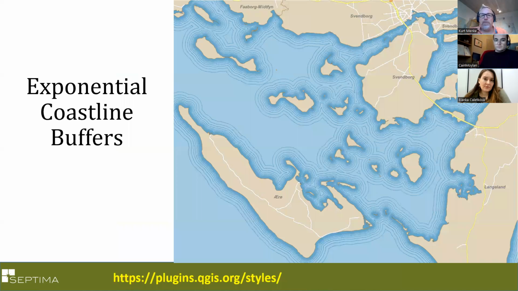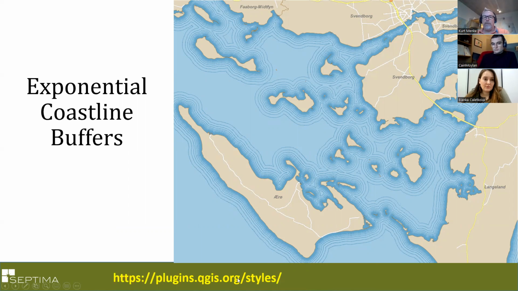I showed you the exponential coastline buffers at the end of last week's session, and this is also achieved by geometry generators. And there's actually, if you open up the style manager in QGIS and browse online styles from there, you'll end up at this website.